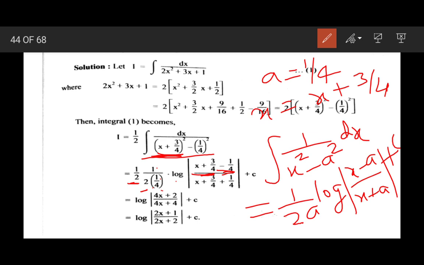By solving this we get log of 4x plus 2 upon 4x plus 4, plus c. Now by taking 2 common and dividing numerator and denominator by 2, we get log of 2x plus 1 upon 2x plus 2, plus c.